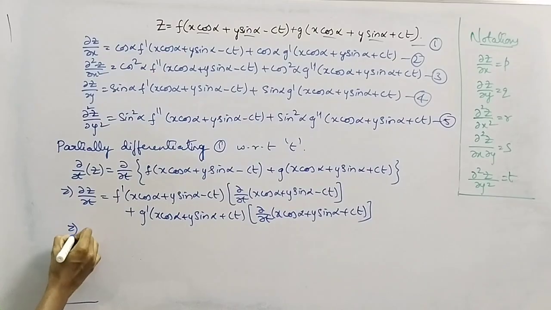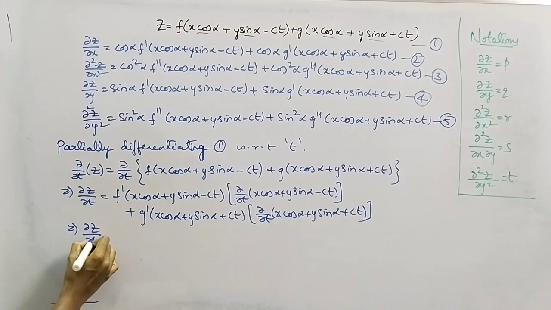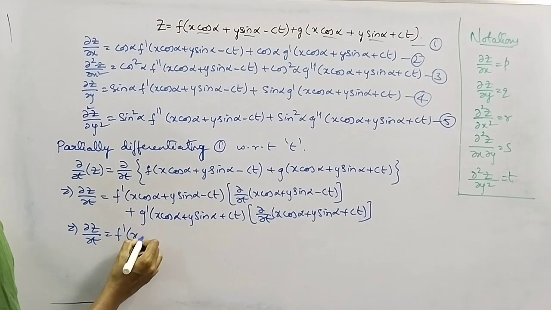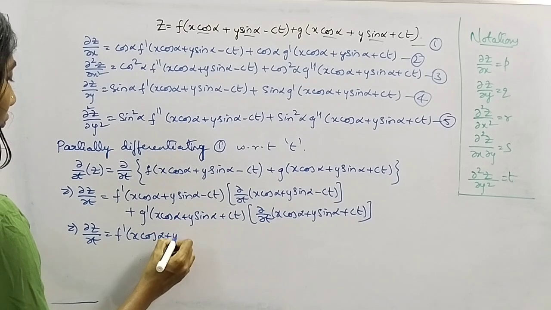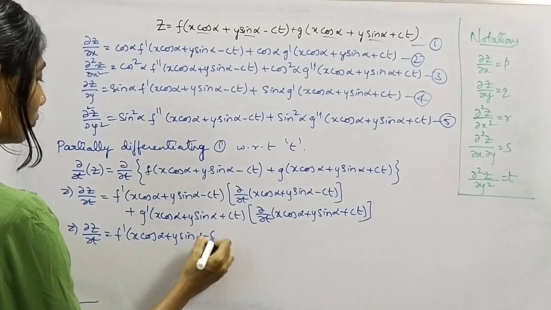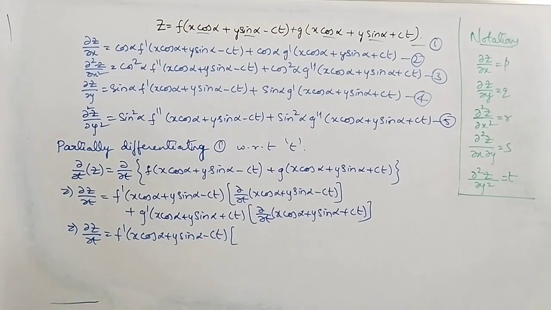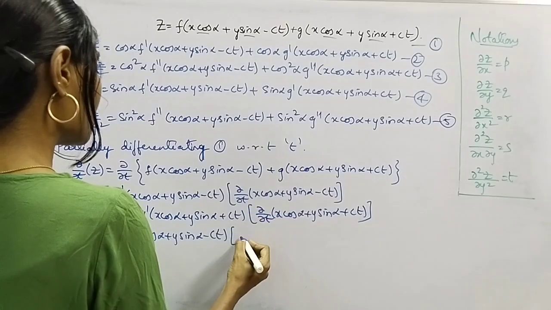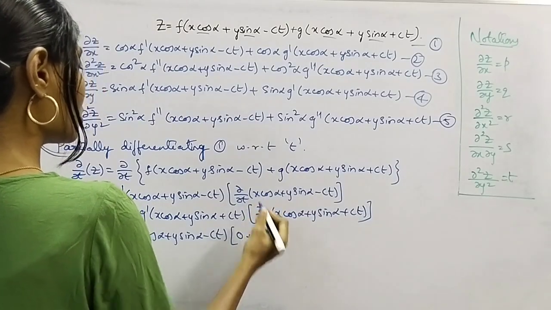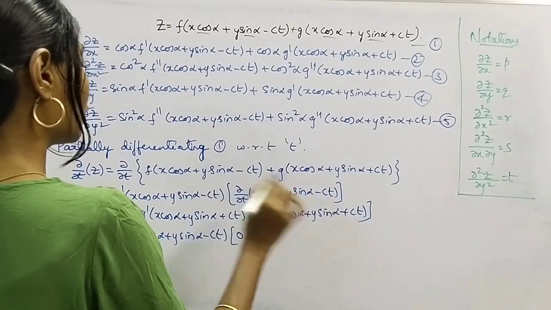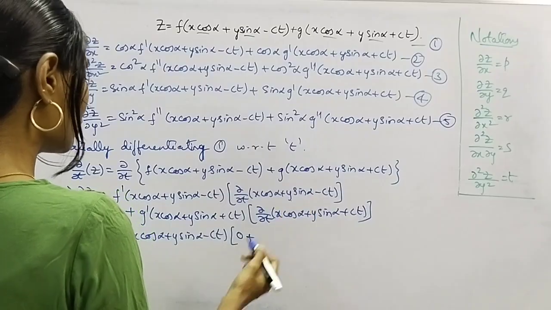This gives us ∂z/∂t equal to f dash into the partial derivative of x cos alpha with respect to t is 0. Since x is constant, cos alpha, sin alpha, t are constants, and y is also treated as constant here.